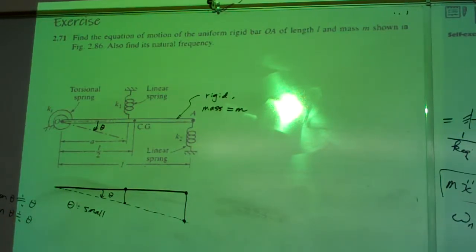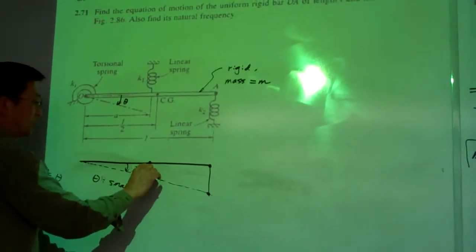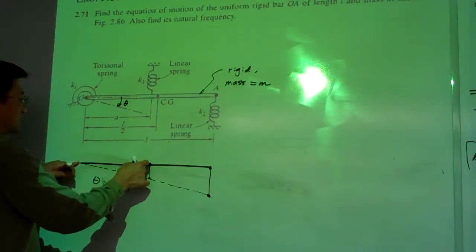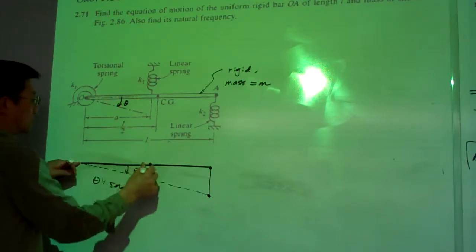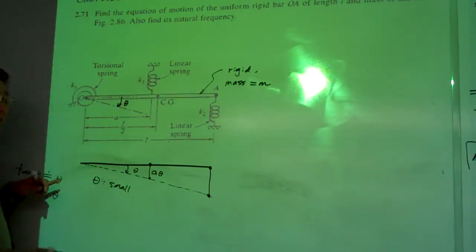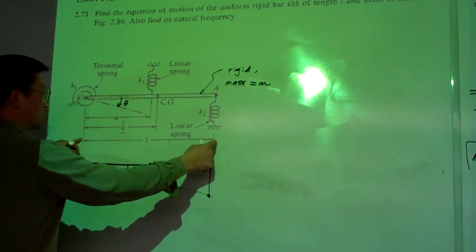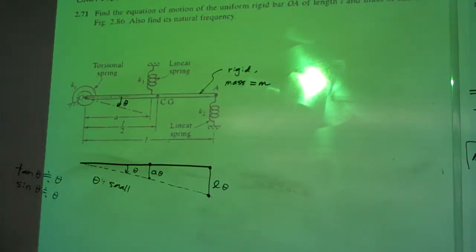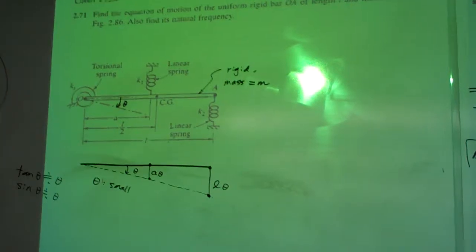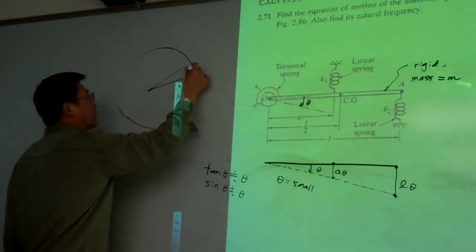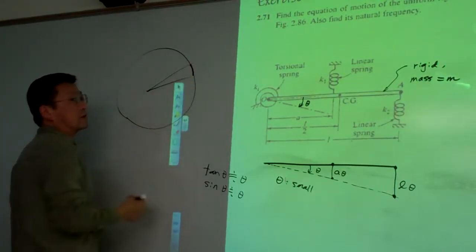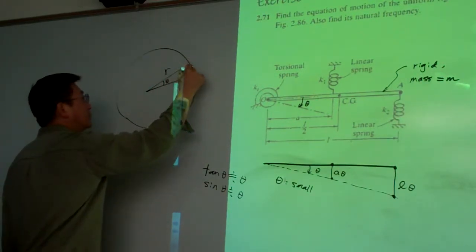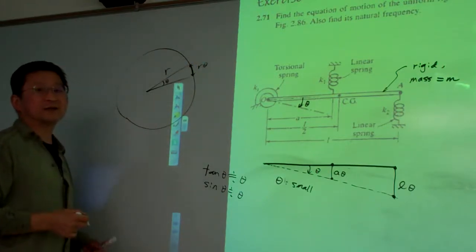So here we simply take the distance multiplied by theta. The distance here is L, and multiplied by theta, that's L theta. That is similar to an arc, the same concept: the arc equals r theta.